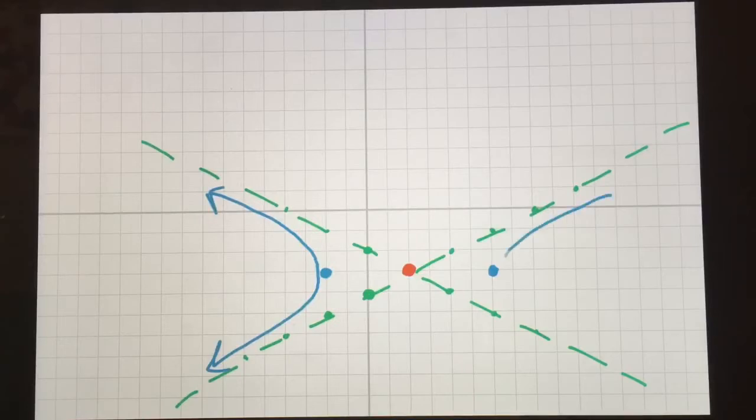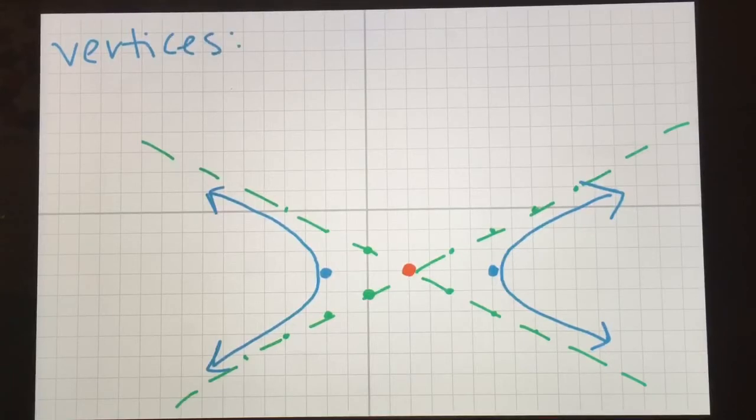So I know they would hit each vertex, and I know that they would go along the asymptotes. And so I can write down what my vertices are now, because I can see in the picture, and if you didn't have perfect graph paper, you could just take your center and move left 4 and right 4. So since my center was (2, -3), to the left 4 would be (-2, -3). To the right 4 would be (6, -3).